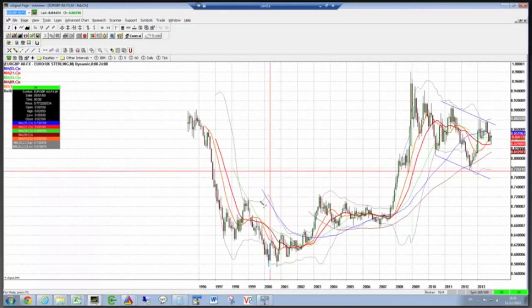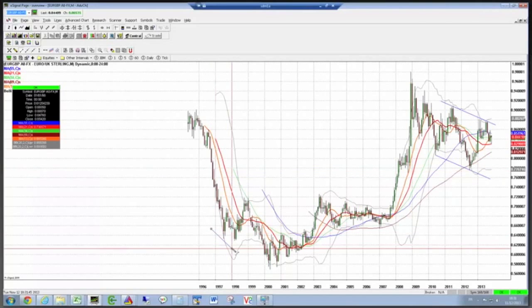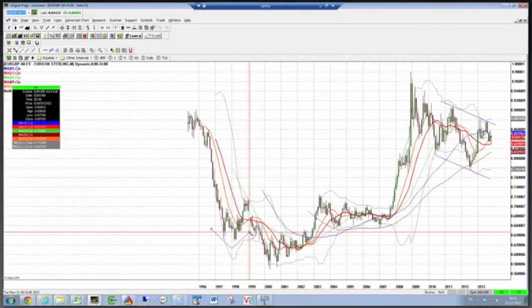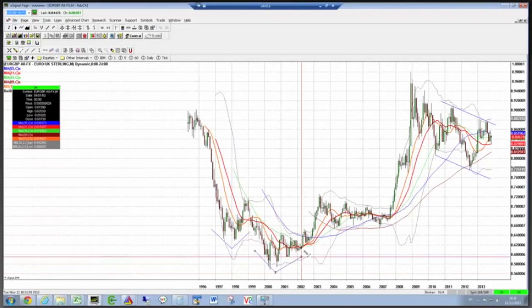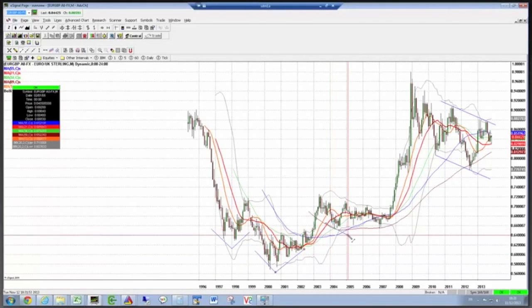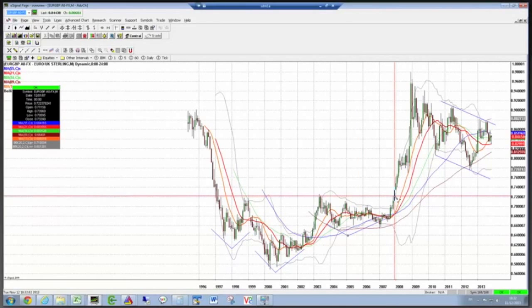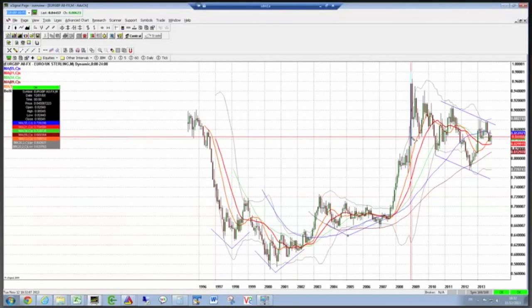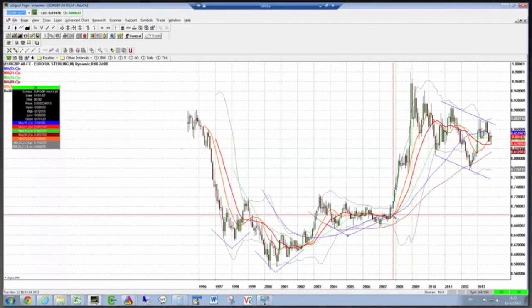The first is a reverse head and shoulders pattern. The pattern was validated in late 2007, so the big picture on the currency pair is bullish, but since 2009 we are in a consolidation mode after the strong bullish run seen between 2007 and 2009.